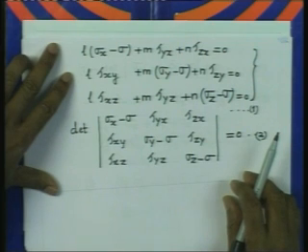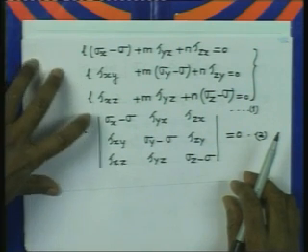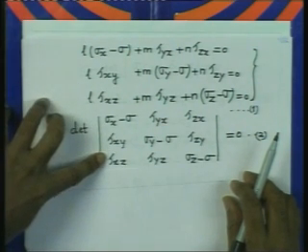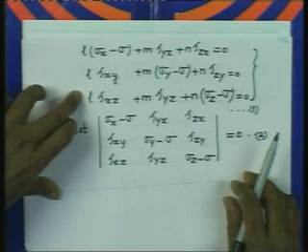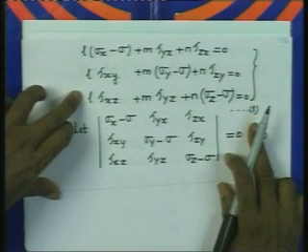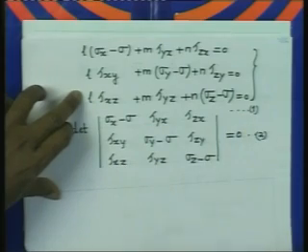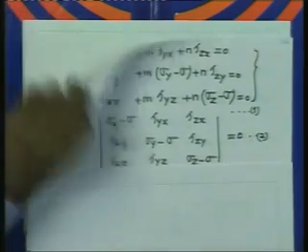So, you will have 3 values of sigma out of the characteristic equation, and therefore, you can solve this set thrice and you can get all the direction cosines. We would like to illustrate this by taking some example today.